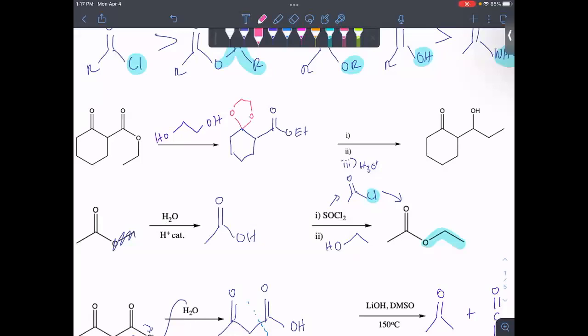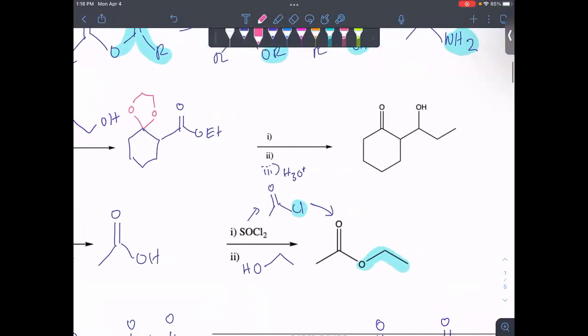So now what do we do with the ester? An aldehyde, yeah, or ketone. Exactly. So we're going to reduce this into an aldehyde before we do the Grignard.